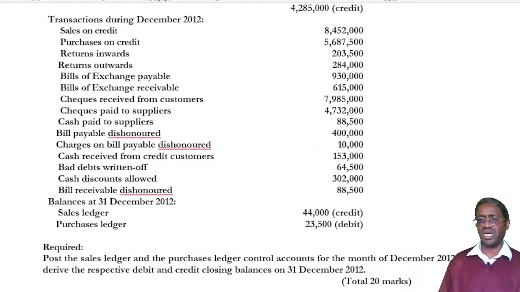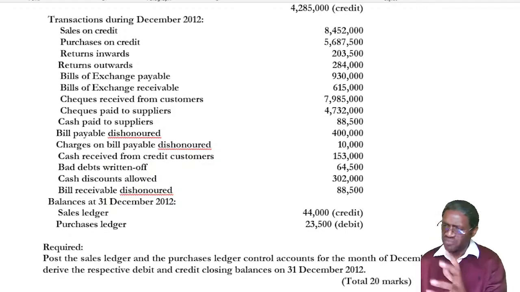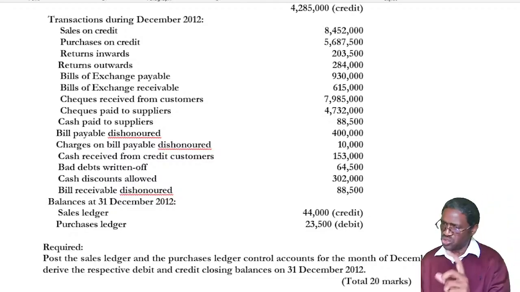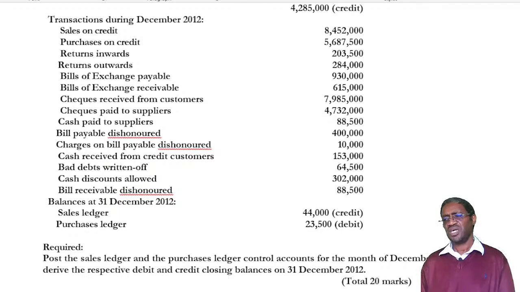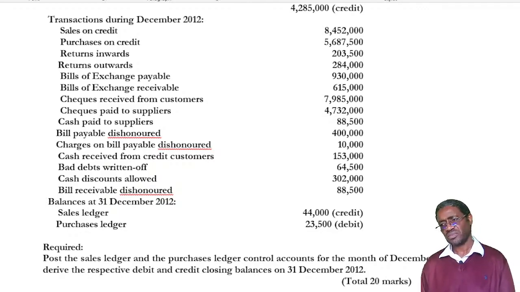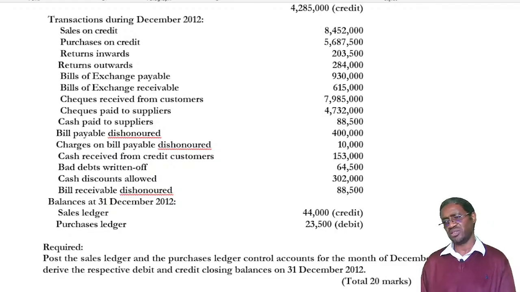After discount allowed, we have bills receivable dishonored. We sold goods to our customer on credit. That customer promised that he will pay you in good time. But he accepted a bill. So when he accepted, you received the bill.